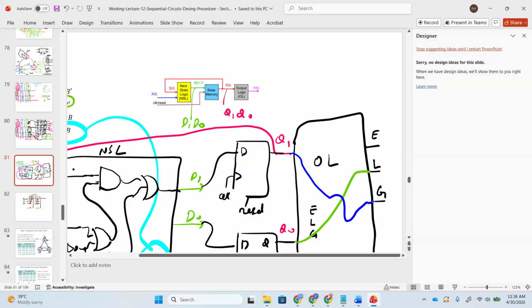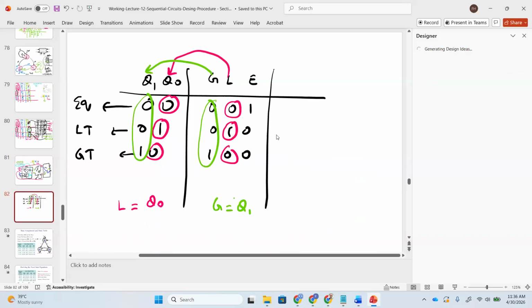Clear or not clear? Any question? Clear. Okay. Now what about E? It's XNOR, Q1 XNOR Q0. No, it is actually Q1 bar, Q0 bar. Can I write here? Any question? Yes. Can I apply De Morgan's theorem?